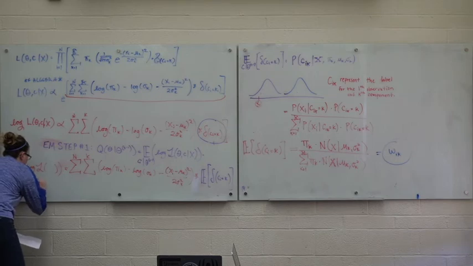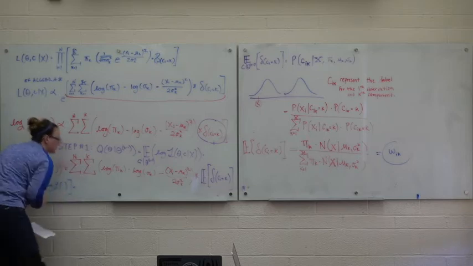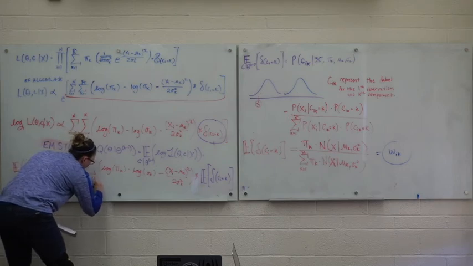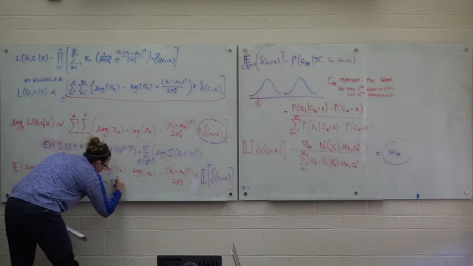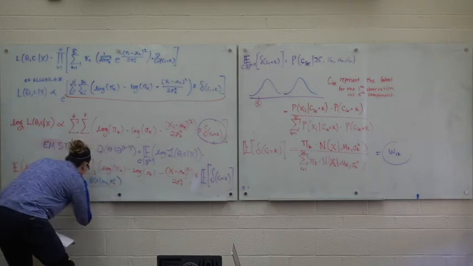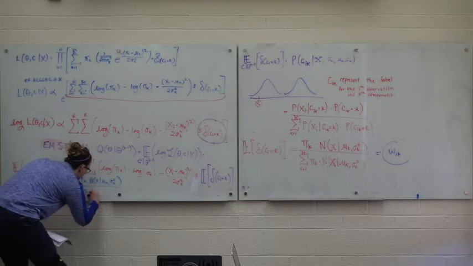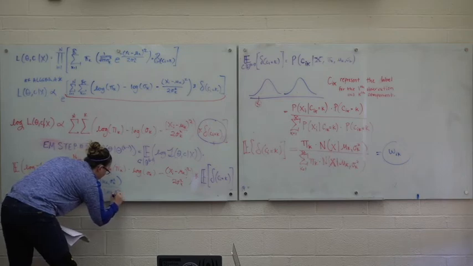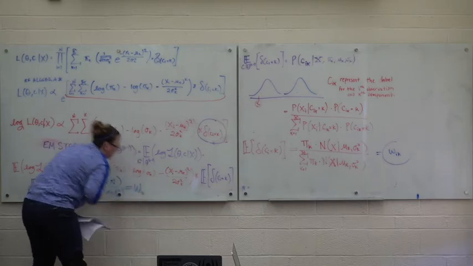Our expectation of our log likelihood is going to be equal to pi k times our normal at that, the sum is over the k's, normal, and a way to write that down is our weights for i.